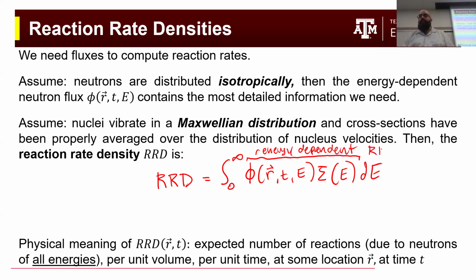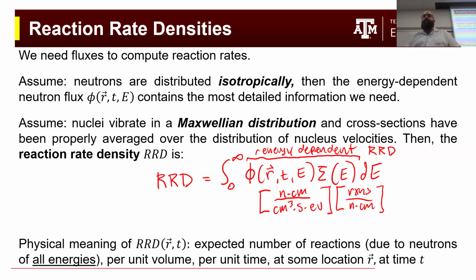reaction rate density. In other words, if we think about the units of the energy dependent scalar flux, it has units of path length per unit volume, per unit time, and per unit energy. The macroscopic cross section has units of reactions per unit neutron distance traveled. And dE contains our energy units in eV.